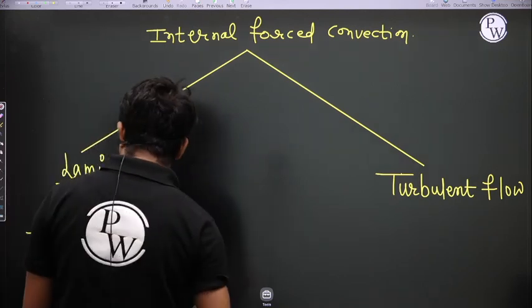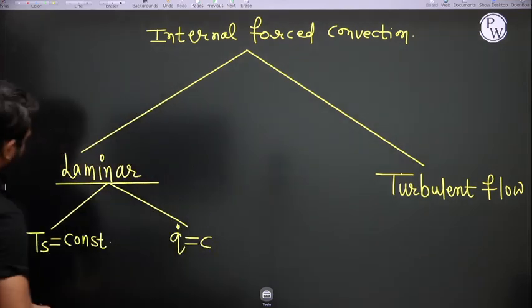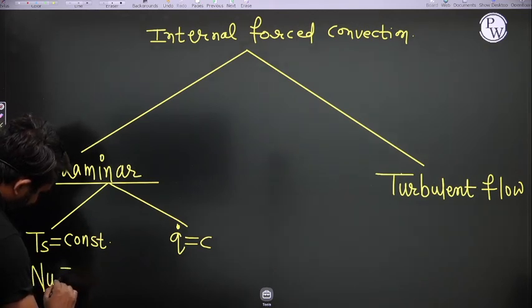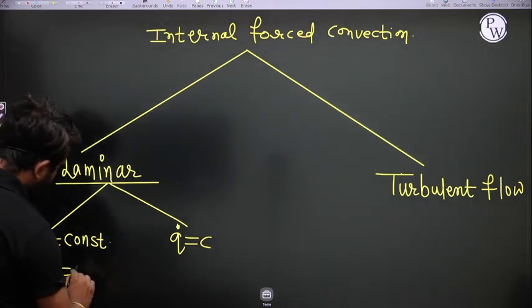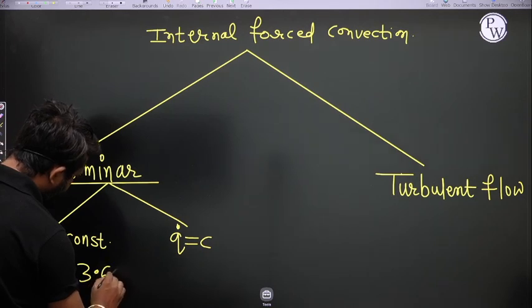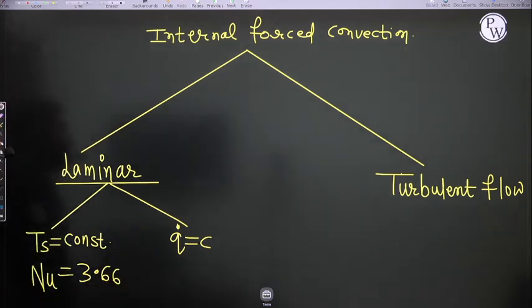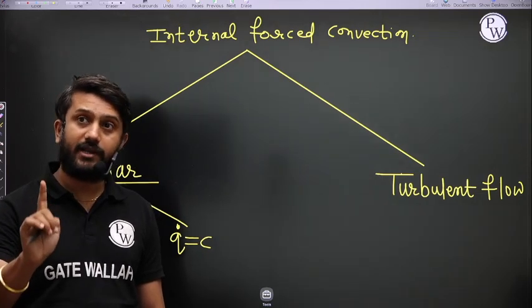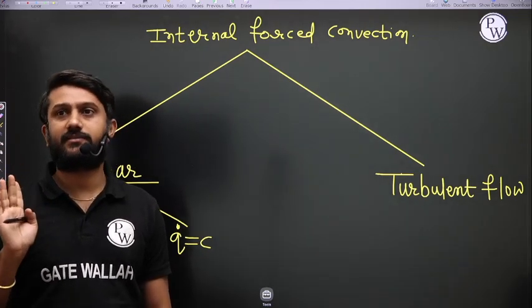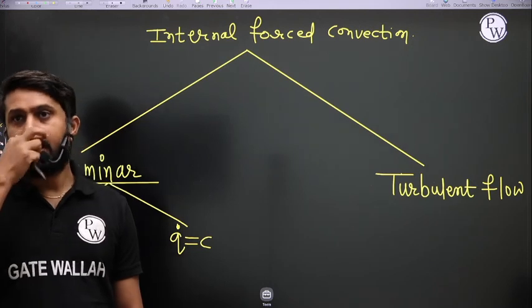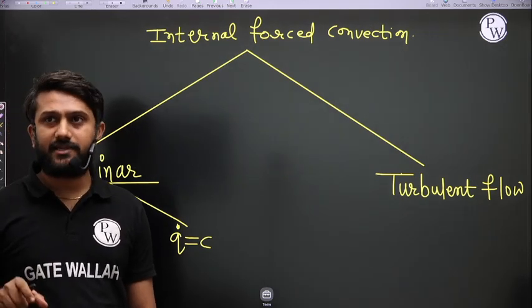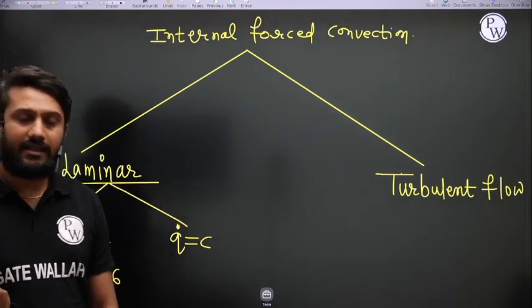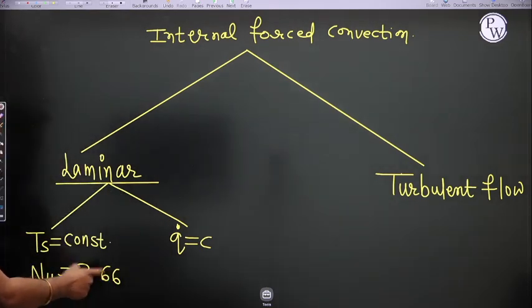Now see, if it is the constant wall temperature case, the Nusselt number is equal to 3.66.